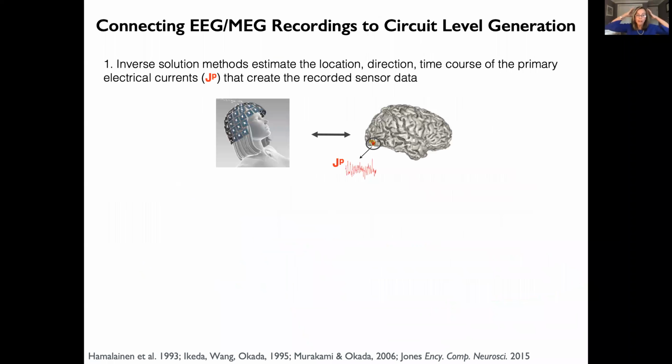So again, when we apply these inverse solution methods to EEG and MEG signals, things like minimum norm estimates, what we're actually doing is we're estimating the location and time course of these big electrical currents. They're known as primary currents or current dipoles that generate the extracranial signal.